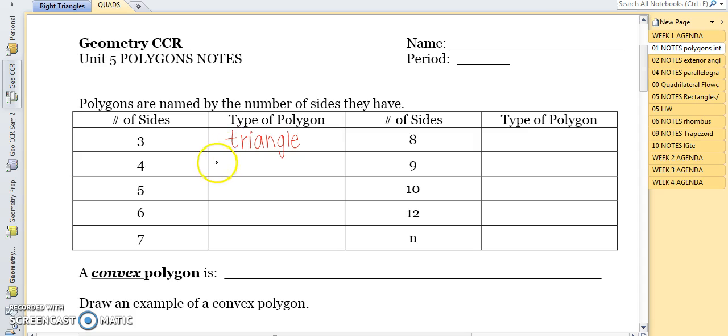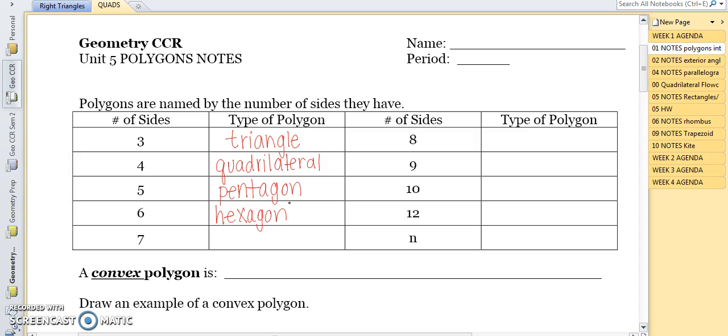For a 4-sided figure, that's going to be called a quadrilateral. And we're going to be learning about more types of quadrilaterals later on in this chapter. For 5, it's called a pentagon. For 6, it's called a hexagon.